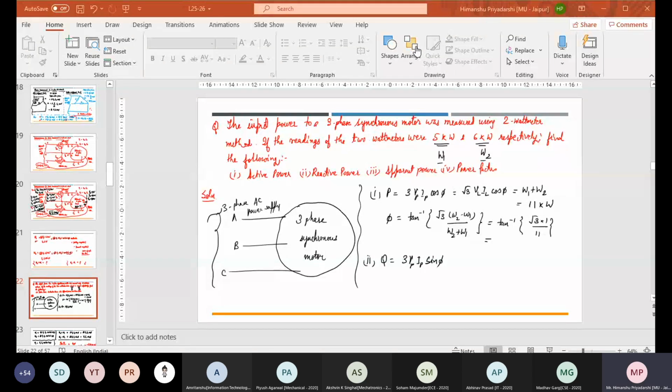Tell me what is the value of phi? Please post it on the chat box. What is the value of phi?